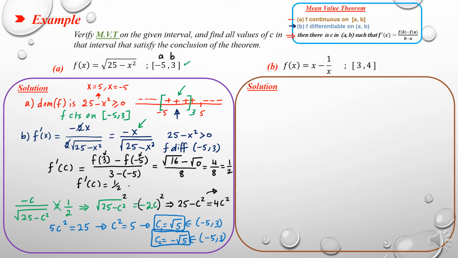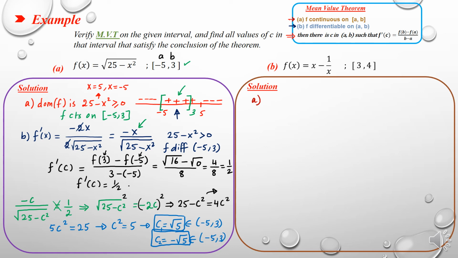Now in part B we have another function, f of x equals 1 minus 1 over x, and we have a different interval from 3 to 4. So firstly you have to check the conditions of the M.V.T. First, you have to check that f is continuous on the interval from 3 to 4, and we have x minus 1 over x.